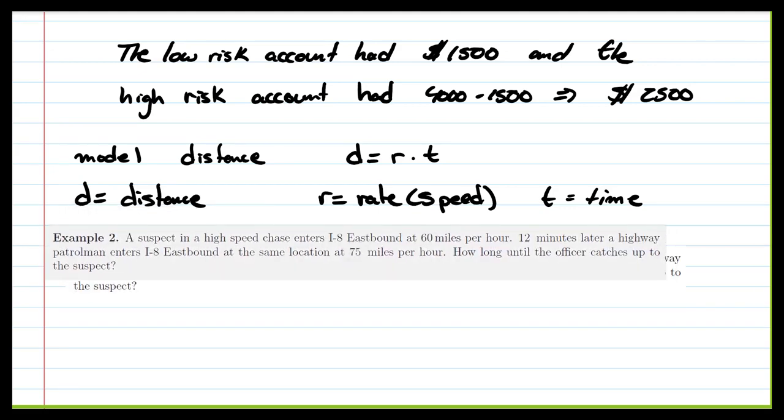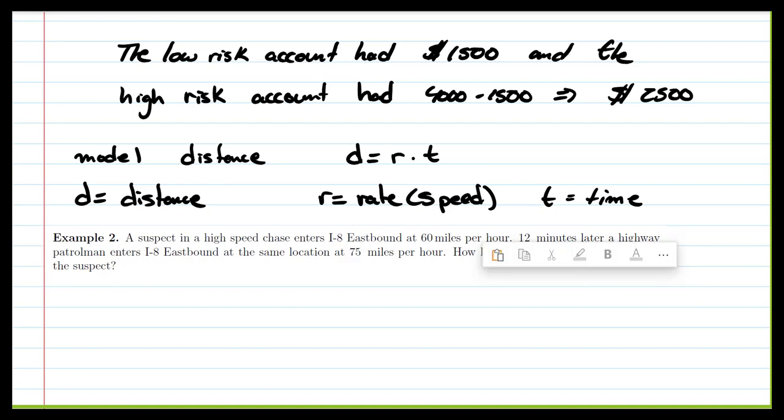Example 2 says: a suspect in a high-speed chase enters I-8 eastbound at 60 miles per hour. 12 minutes later, a highway patrolman enters I-8 eastbound at the same location at 75 miles per hour. How long until the officer catches up with the suspect? Okay, we're going to do the same thing.